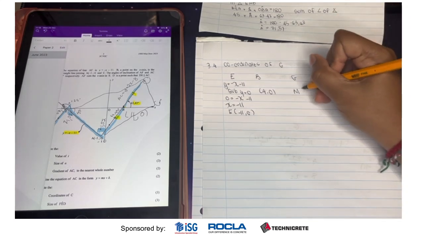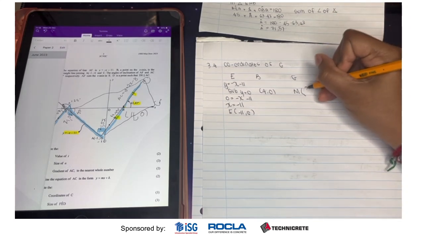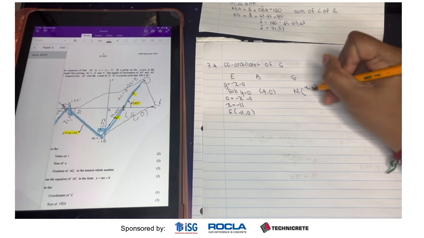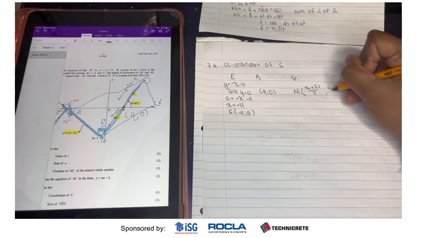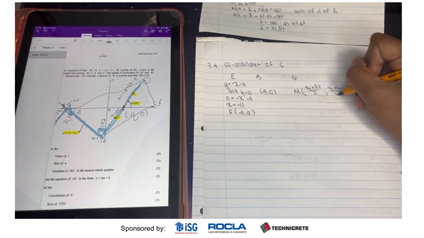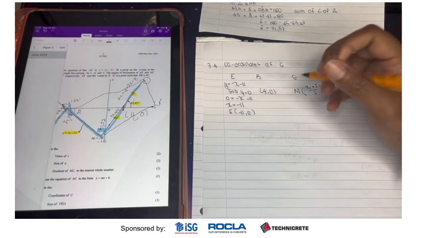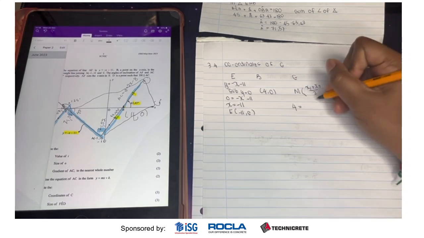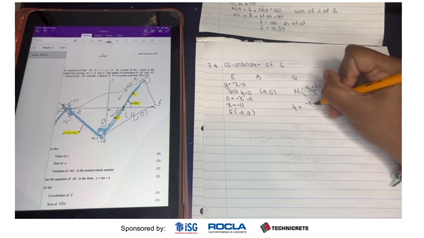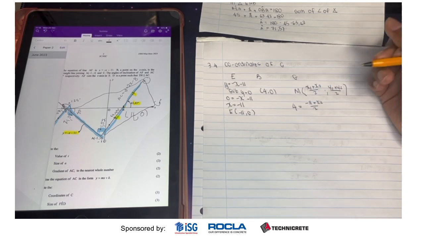We want to now find our coordinates of G using the midpoint formula: X1 plus X2 over 2, Y1 plus Y2 over 2. Let's start with substituting. So 4 is equal to negative 11 plus X2 over 2.